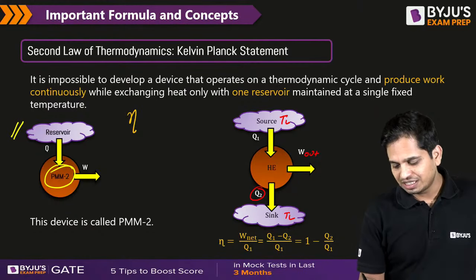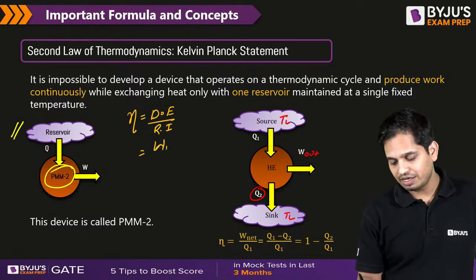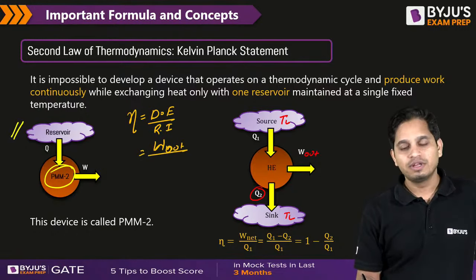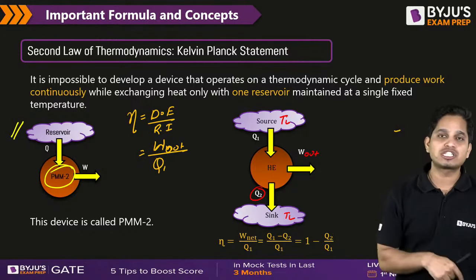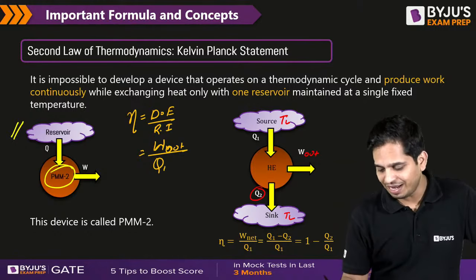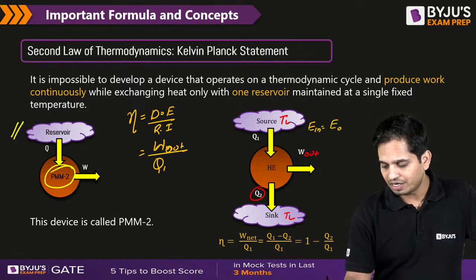Okay, efficiency is always desired effect upon required input. What is the desired effect for a heat engine? Work output upon what is the required input, the heat that I am giving, Q1. Now if I apply the first law here, I do an energy balance. So energy in is equal to energy out.